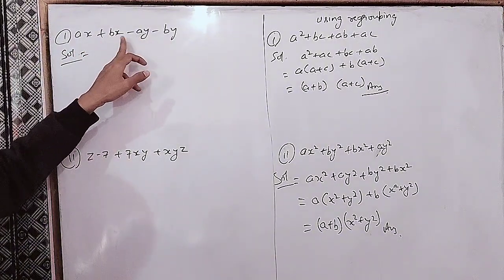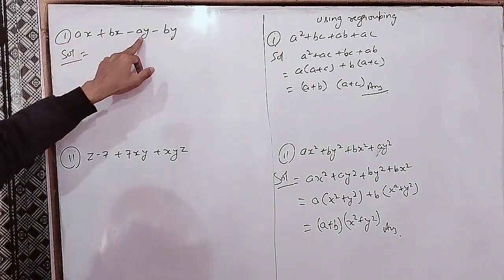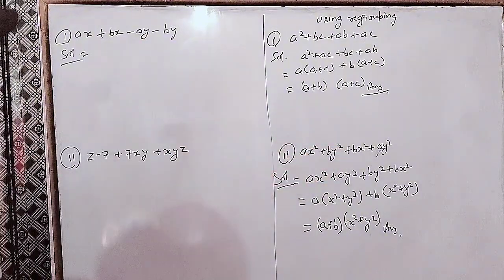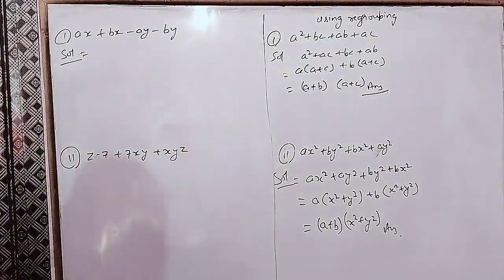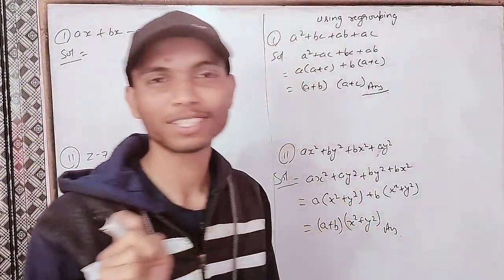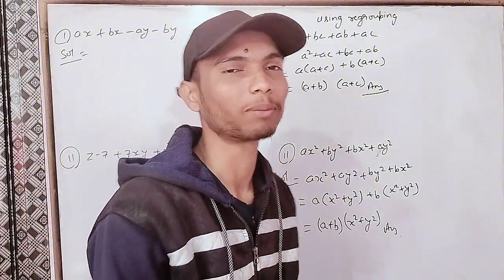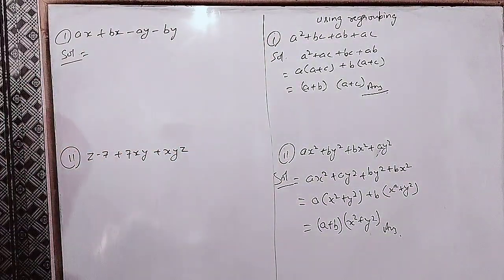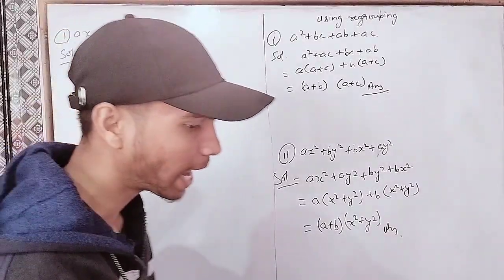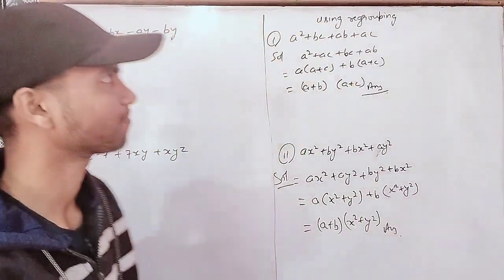Am I right? X is common and y is common. Otherwise, you can see here A and A is common, and B is common. But you should have a common factor. So what we have is four, how much? 4 terms. That's why we can use the regrouping method. Okay, we have 4 terms. If we had 2 terms, then we use only the common factor method.